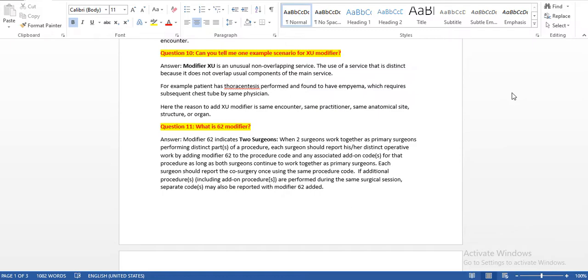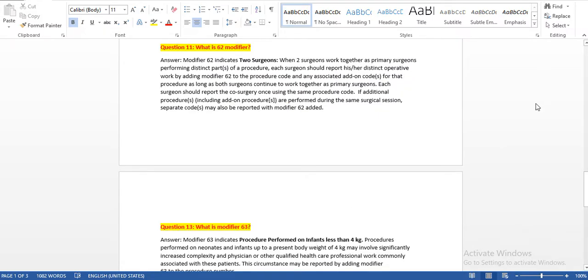But due to the complexity of incision and removal of foreign body, the physician has used fluoroscopy for incision and removal of foreign body. So here we need to add XU modifier to the fluoroscopy code, that is 71000, to indicate that this fluoroscopy is not intervening with the main procedure, which is the combined right and left heart catheterization codes.